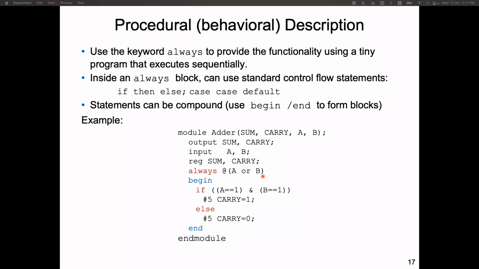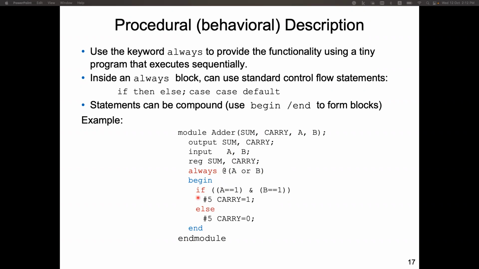If a signal stays unchanged, there is no event. If a signal changes, from 1 to 0 or 0 to 1, there is a change. When there's an event in A or B, do the following. That's procedural description.